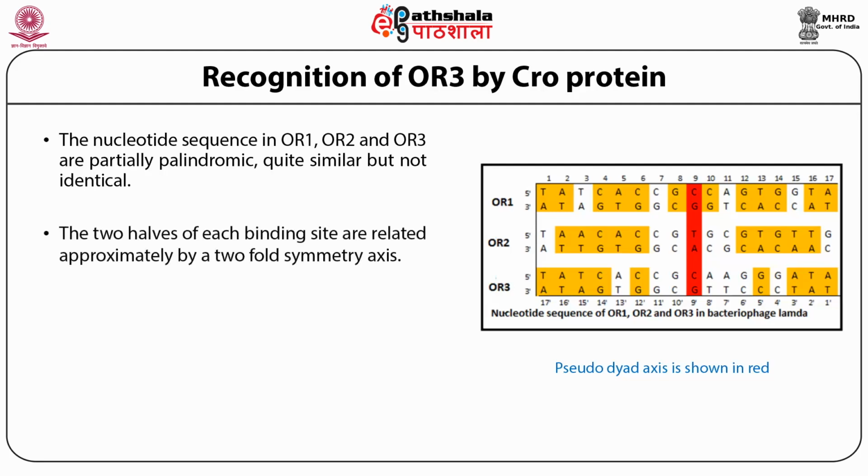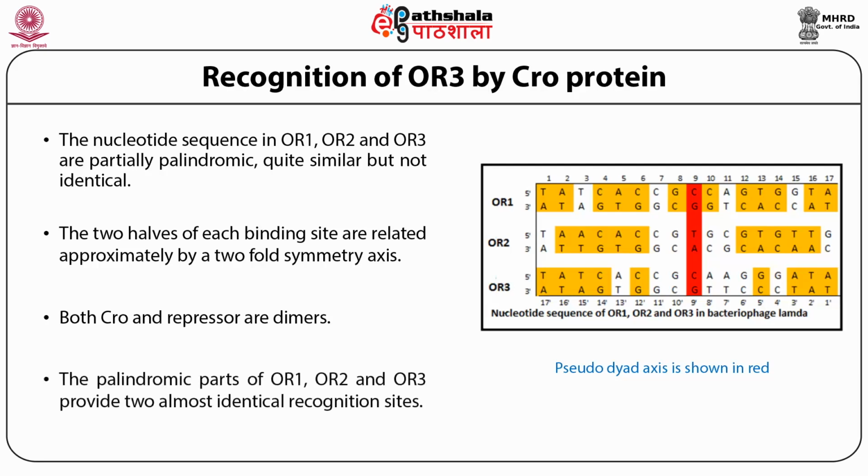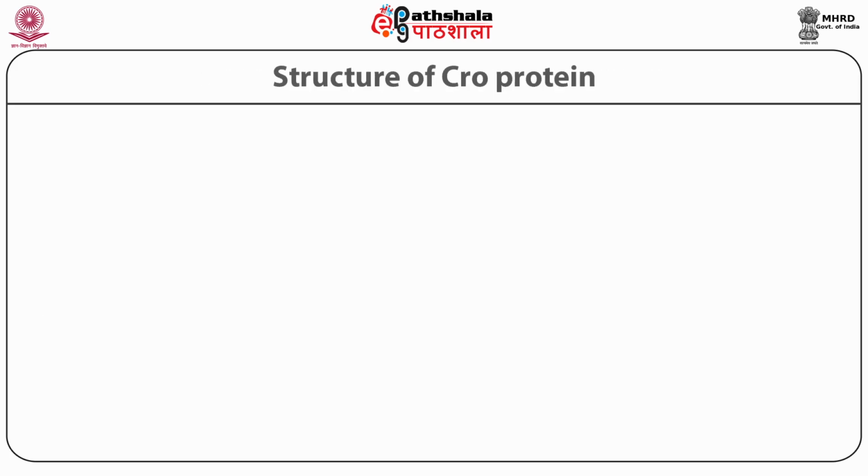The 2 halves of the binding site are related approximately by a 2-fold symmetry axis, shown here in red color. Both Cro and repressor are dimers. The palindromic part of OR1, OR2 and OR3 provides almost identical recognition sites.